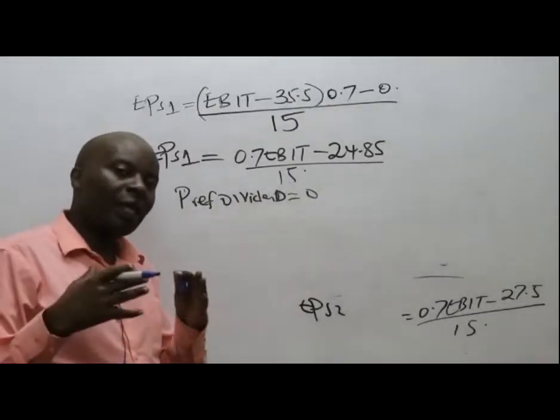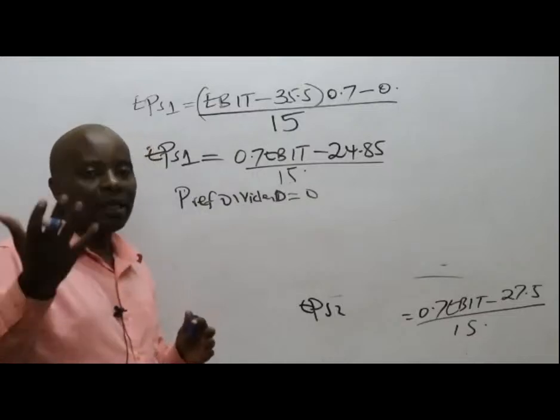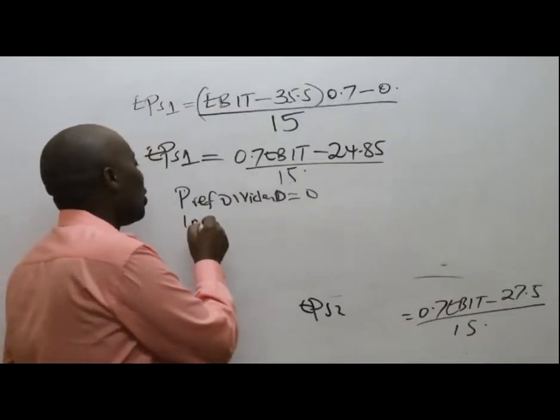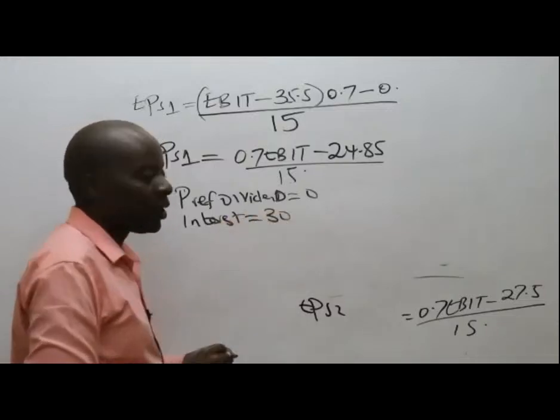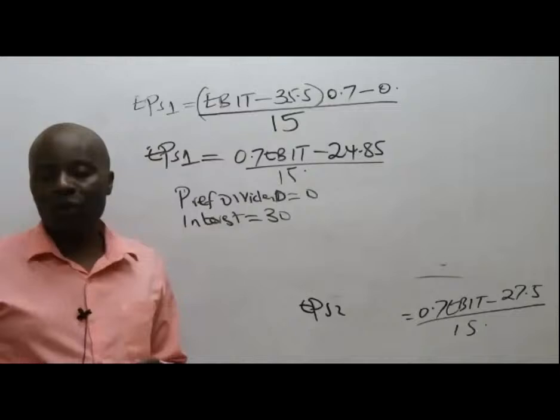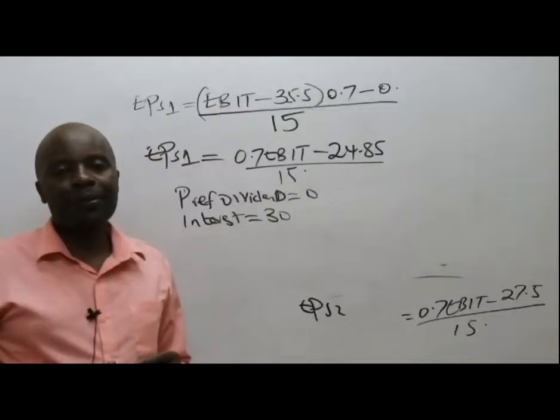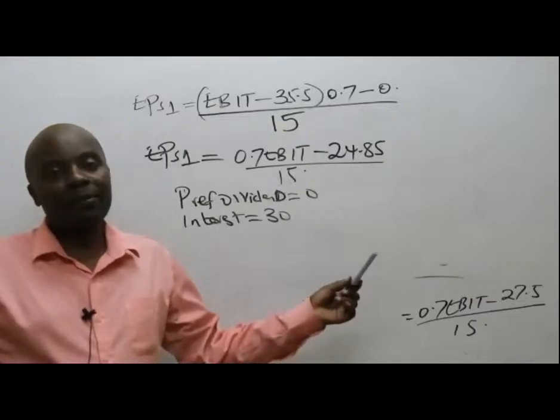Interest, I'm not seeing any increase in interest. So interest will only work with our old interest. Our old interest, if you remember very well, was 30, right? And the tax is 30% still.